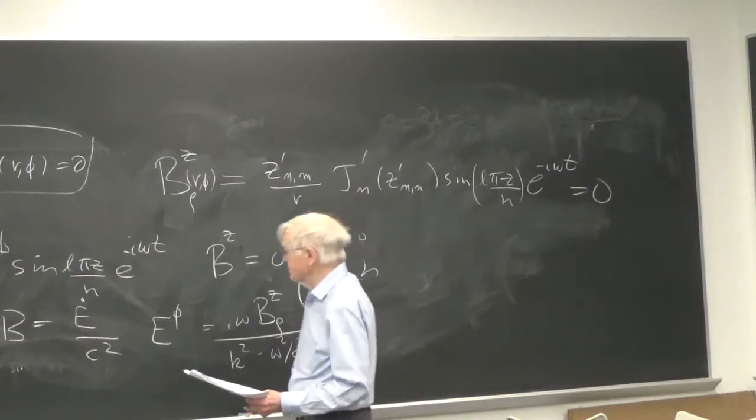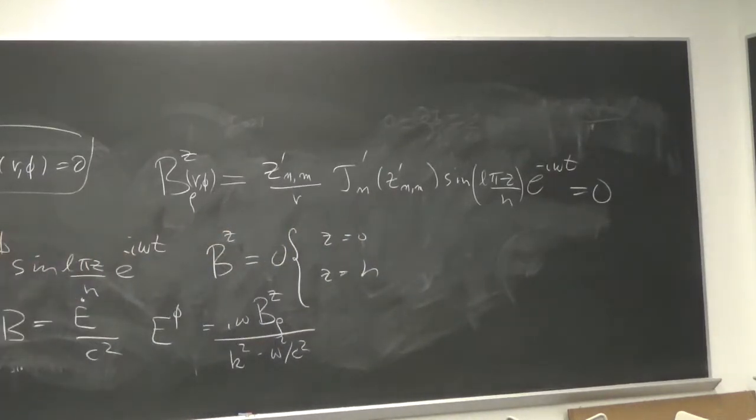And now here's BZ. If we take the rho derivative of that, well, the rho derivative of this is obvious. It's just BZ times Z prime over R. And that obviously vanishes when Z is equal to 0 and Z equal to H. And it also vanishes when rho is equal to R, because when we take the rho derivative, it turns Jn into Jn prime.